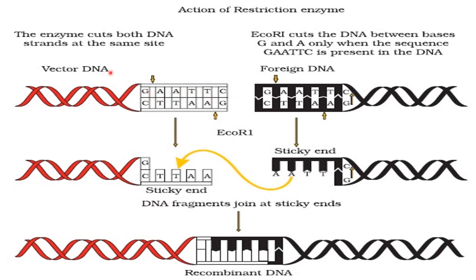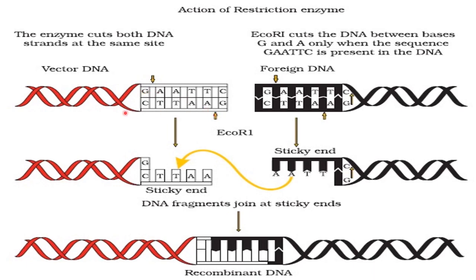Now what happened? The enzyme cuts both DNA strands at the same site. Same site means, here you can read it, the sequence is GAATTC, and it is cutting. This whole sequence is recognized by EcoR1, and it cuts exactly here between G and A. So this is the cutting site for EcoR1, between guanine and adenine.